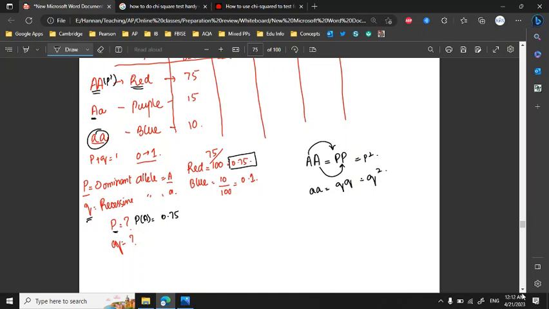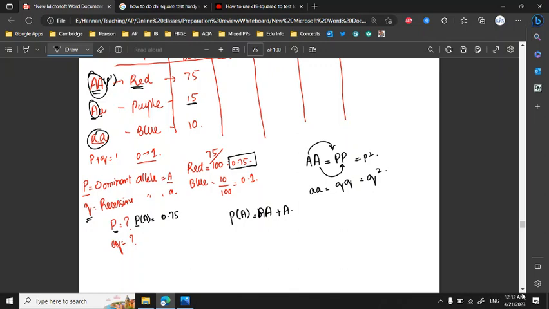So you have to say that the frequency of allele A, please be very focused now, is going to be capital A capital A plus capital A small a. So let's find it out. The frequency of P or capital A is going to be 0.75. Now divide the 15 by 2 because there is one recessive allele.